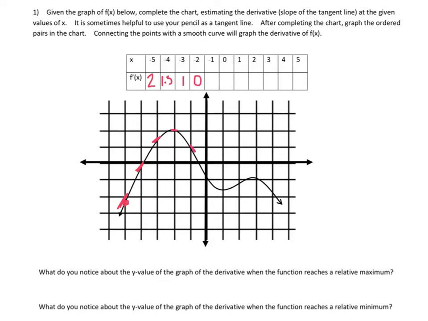How about -1 and -1 right there? They're about the same. When x equals 1, we'll say there's about a slope of 0. When x equals 2, there's like a slope of 1/2 or 0.5. When x equals 3, slightly negative, so maybe negative, we're splitting hairs, a third. And when x equals 4, looks like maybe -1, we'll say.